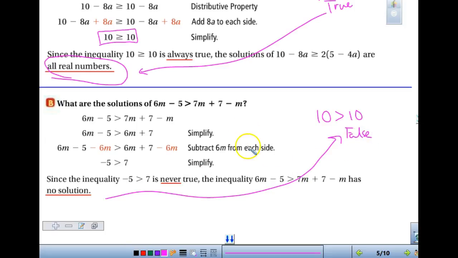That's why I handed back a lot of your papers and said, you never showed me this, that negative 5 is greater than 7. That's a false statement, right? It's never true. Negative 5 is never greater than 7. And so a lot of you got to this point right here on your homework on 105 and you stopped and you either said infinitely many or no solution. I will look for you to follow through and tell me the two numbers, either that they're exactly equal or that they're not.